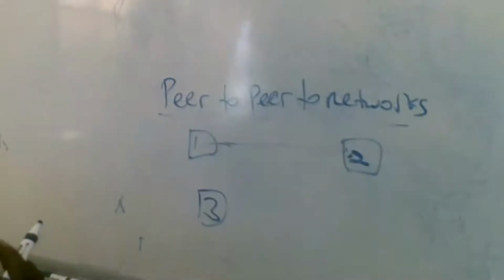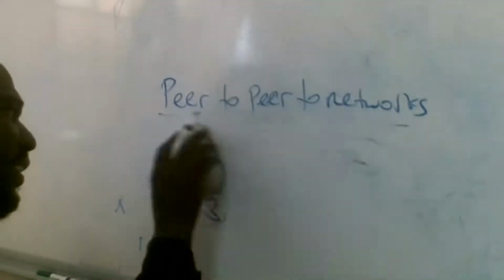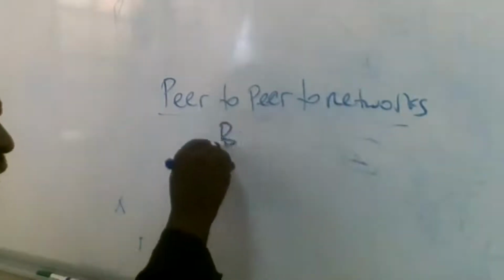Now an example of a peer-to-peer network is what we call BitTorrent. One application is BitTorrent.